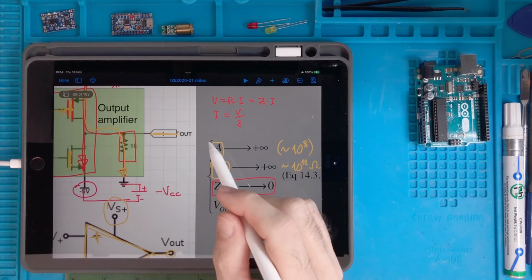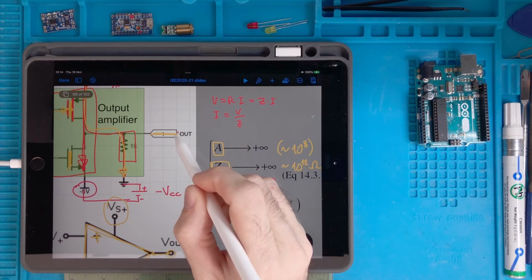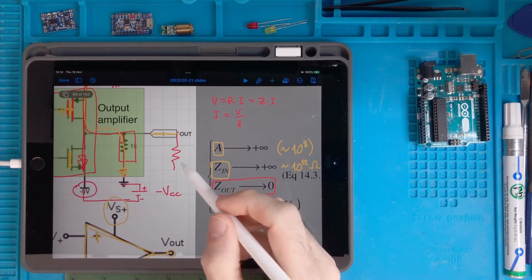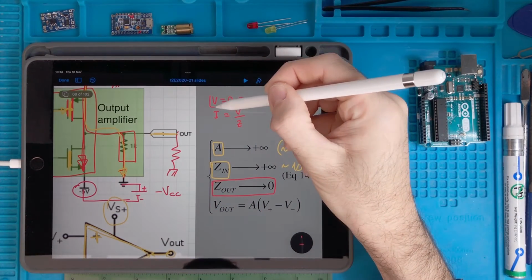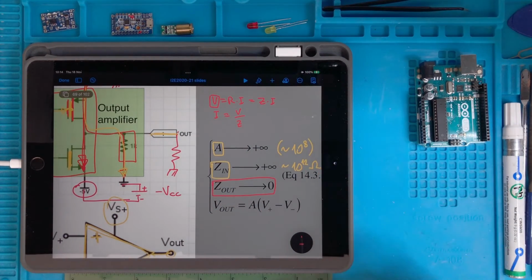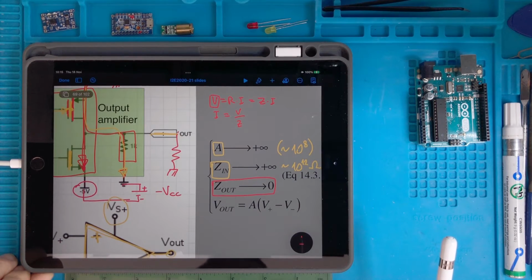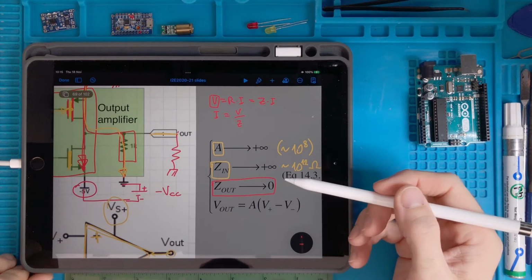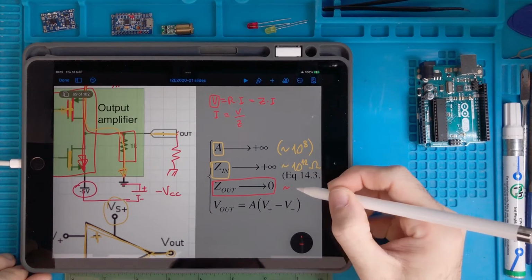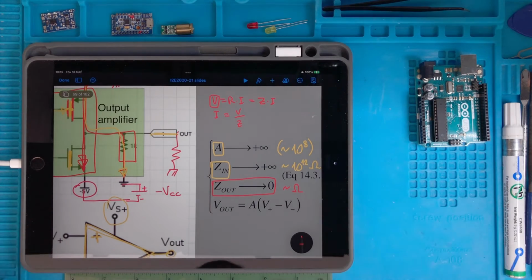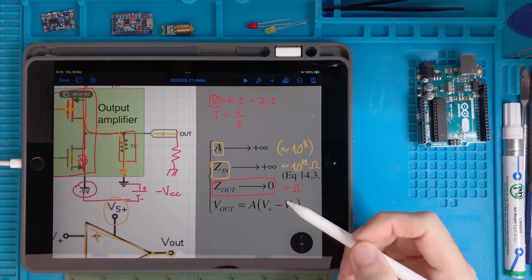It means that this thing is able to drive whatever load we want to be attached at the output for the same output voltage, which is what is desirable. In practice, the output impedance is not zero, but it's something in the range of ohms. So it can be small, but of course not zero. This is a theoretical case.